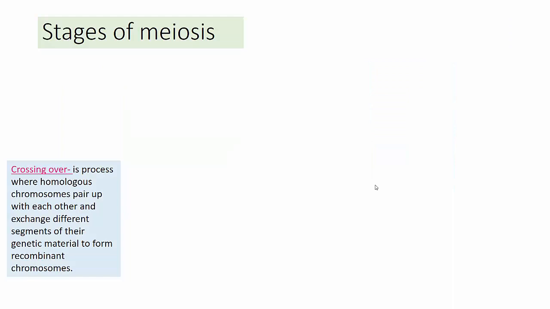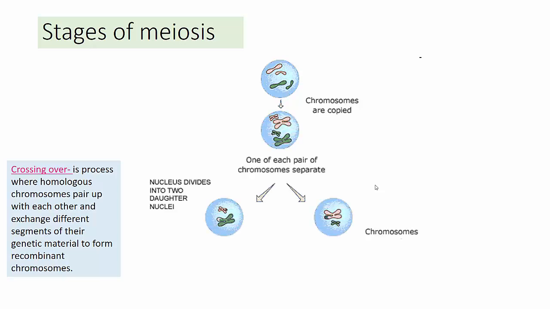Okay, so the stages of meiosis are also important. The first part, we've got the chromosomes and the nuclei. Okay, they're copied. One pair of each chromosome is separated into two daughter nuclei. Now, the important thing that happens there is that they cross over. So crossing over is a process when homologous chromosomes pair up with each other and exchange different segments of their genetic material to form recombinant chromosomes.